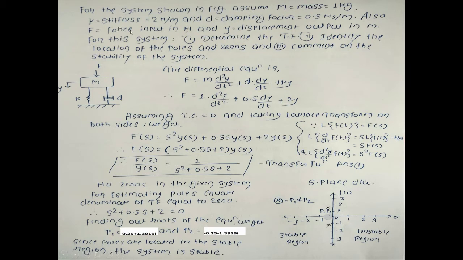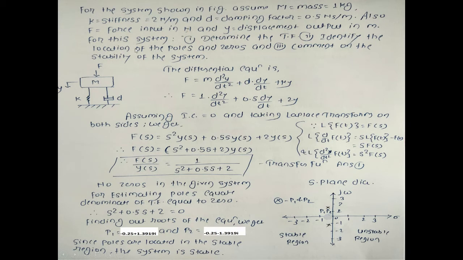It is important to note that here the input for the system is force and output is displacement. For this particular system, we are expected to determine the transfer function. Then we have to identify the location of the poles and zeros. And after the identification of poles and zeros, we are supposed to comment on the stability of the system.